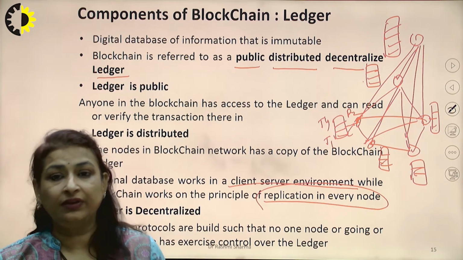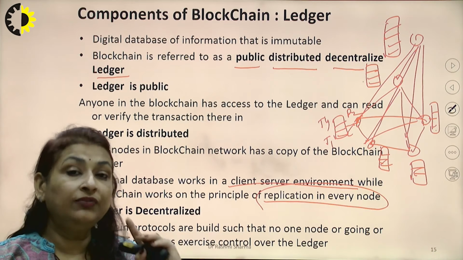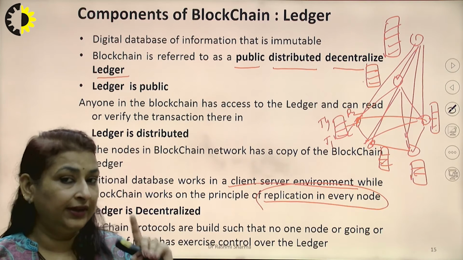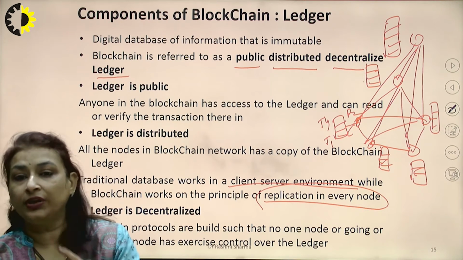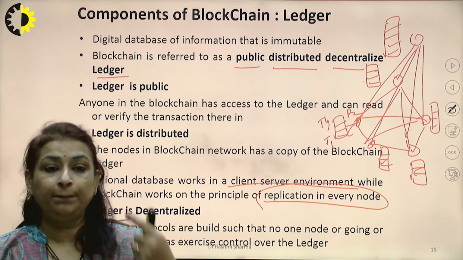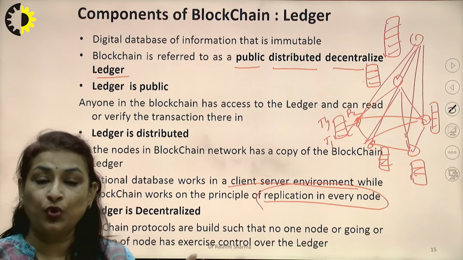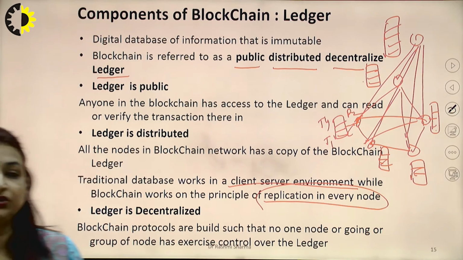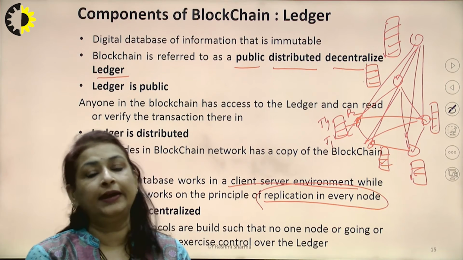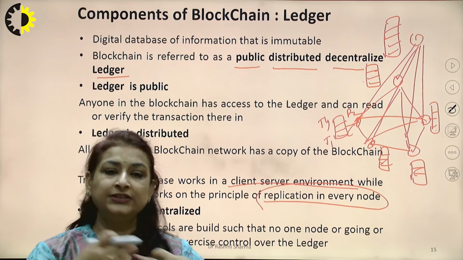As I told you, we have a local copy of the data or the transaction history on each and every node. That is, we are replicating that data. But in a traditional database, replication is prohibited. We don't want replication of the data, so we keep the data on the server, and all the clients access that data.